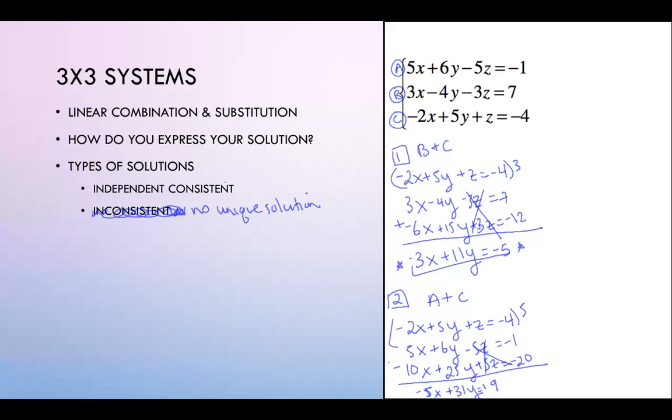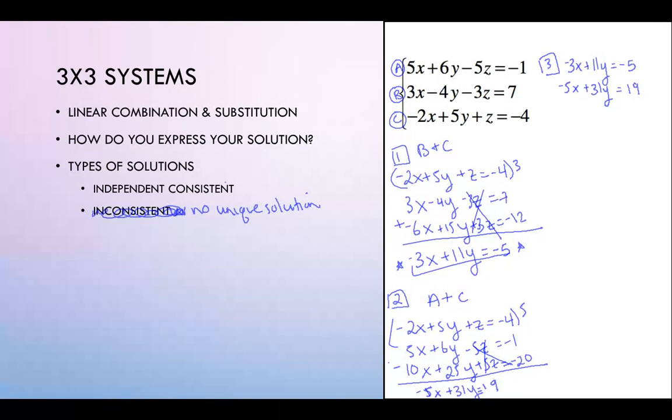Okay, so now I'm going to use those two in step 3 up here. Negative 3x plus 11y. My computer might need a break after this. A little painful. Minus 5x plus 31y equals 19.